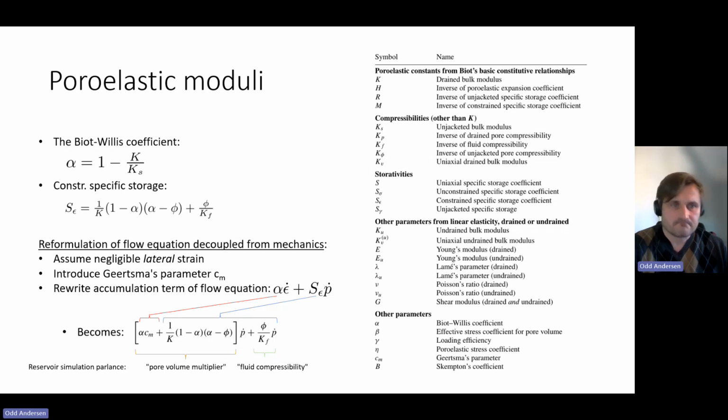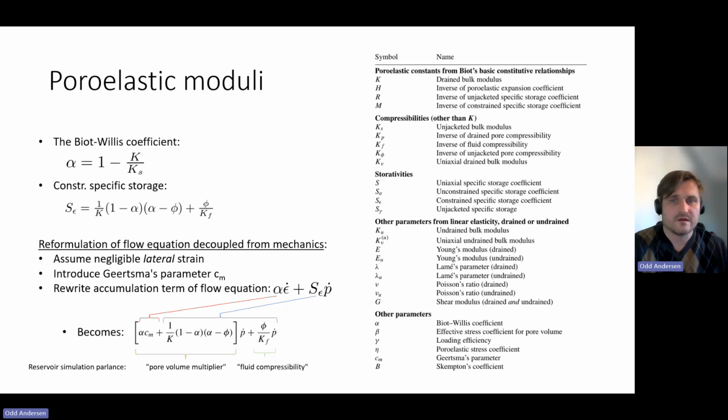One example on the lower left side here: if we operate with an assumption of negligible lateral strain, we can get rid of the term in the fluid flow equation that depends on the mechanical strain. And we can therefore solve the fluid flow independently of the mechanics, so uncoupled. And this is typically what is done in practice in a traditional reservoir simulator that doesn't use mechanics, using a pore volume multiplier.